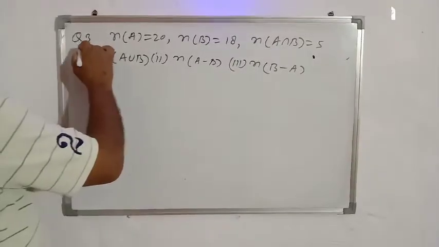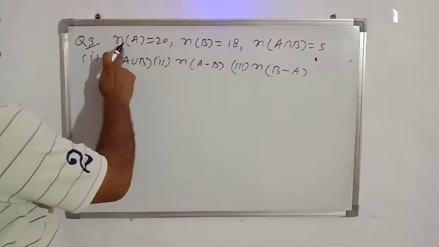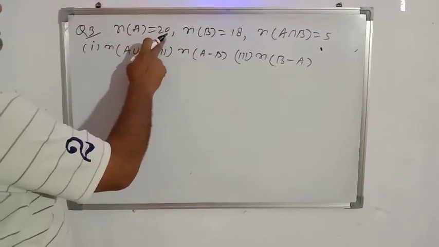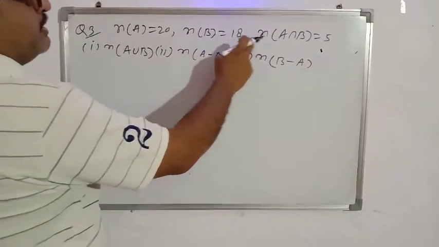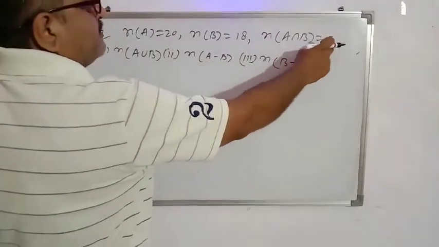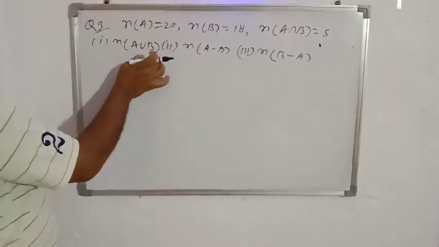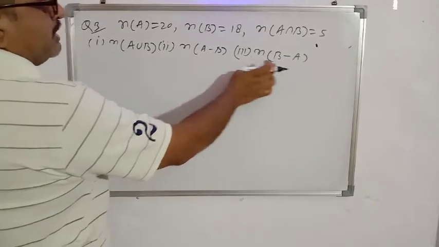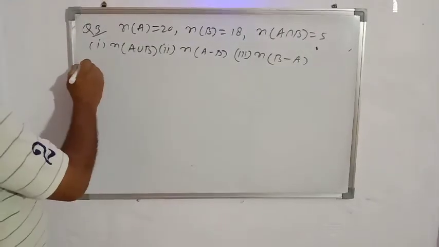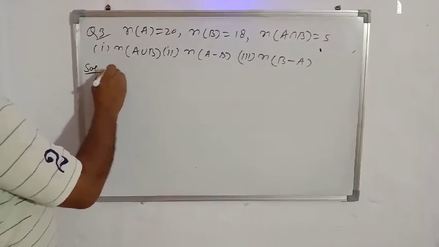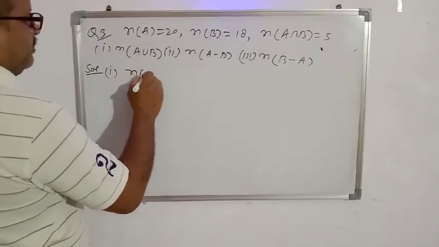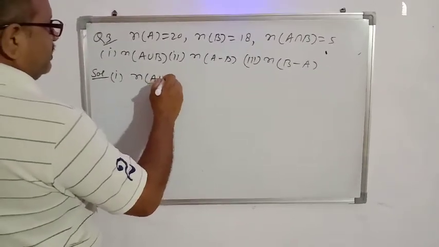Now we will see question number 3. In this question, cardinal number of set A is 20, n(B) is 18, n(A intersection B) is 5. We have to find first part n(A union B), n(A minus B), n(B minus A). First part, n(A union B).